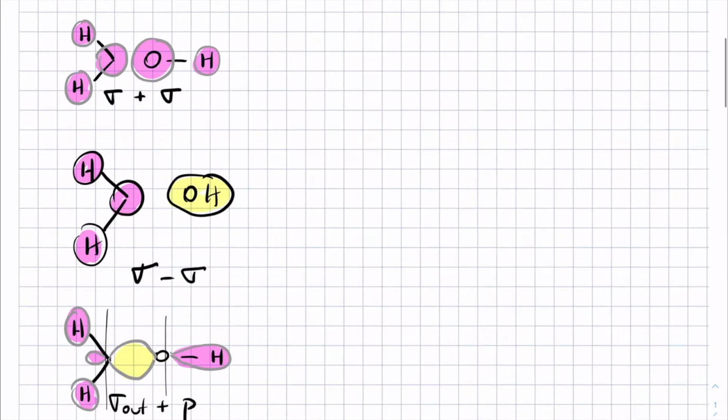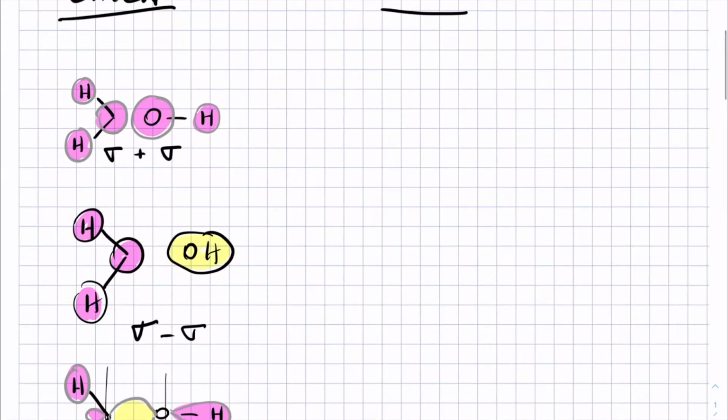We can bring together the sigma CH3 with the s orbital derived OH group. We could then do this out of phase combination of those two. So far, this looks very much like what we've done before with two methyl groups coming together or two CH2 groups coming together.